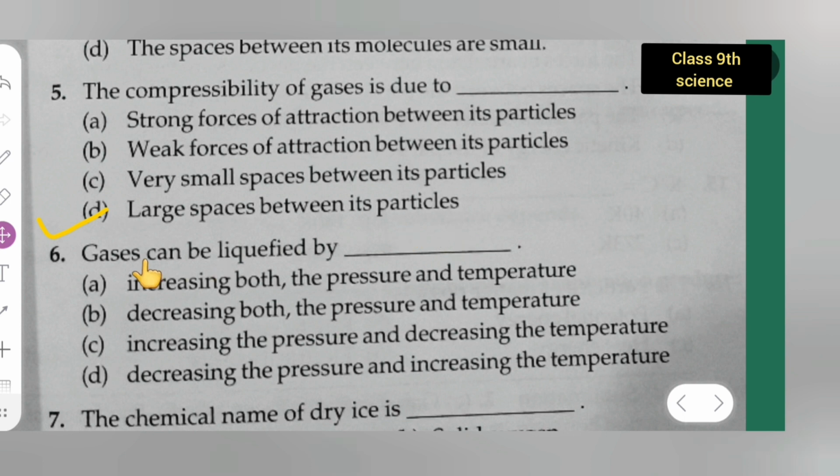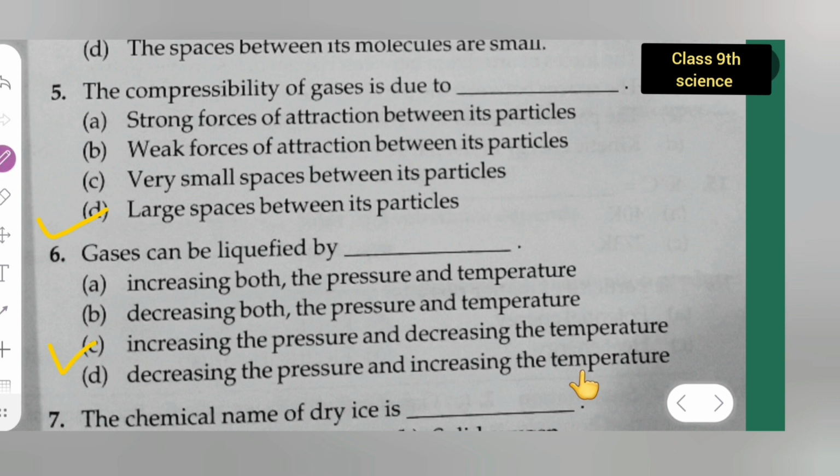Moving to the next. Gases can be liquefied by: option A is increasing both the pressure and temperature. Option B is decreasing both the pressure and temperature. Option C is increasing the pressure and decreasing the temperature. Option D is decreasing the pressure and increasing the temperature.